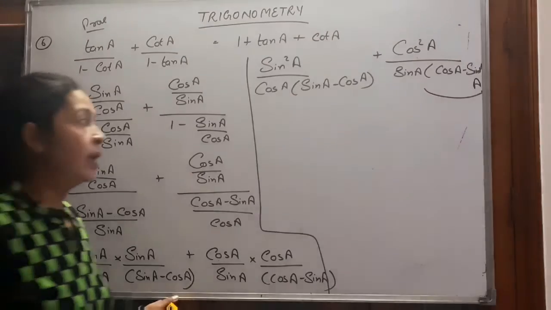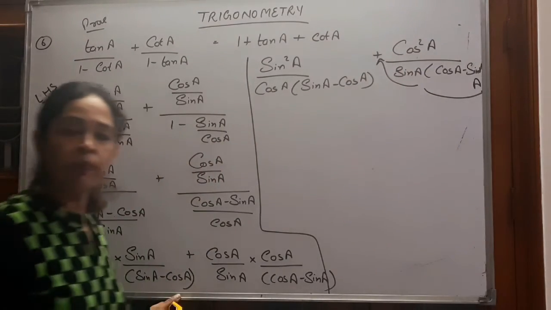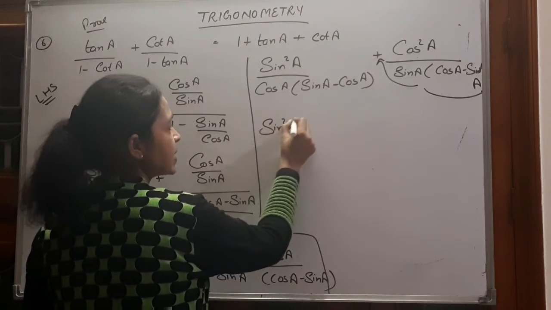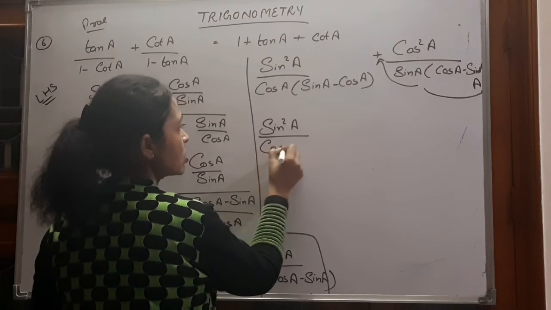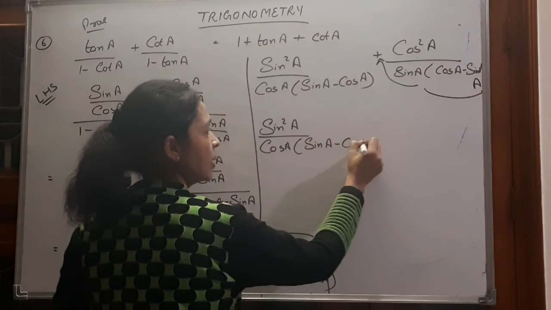We will get the same term, and that minus will go in place of plus. So we will have sin square A upon cos A, sin A minus cos A.